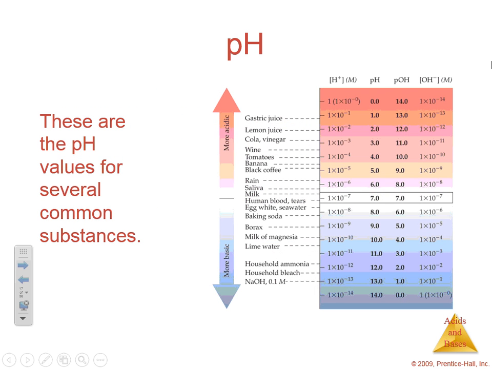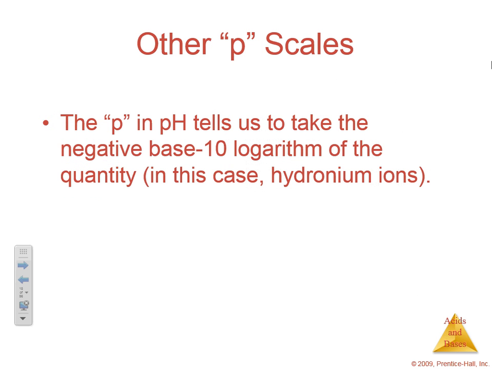Here's a general pH scale for a wide variety of things, going from 0 to 14. The p tells us that we are going to have a negative logarithm. So the p is really giving us the negative logarithm of our H3O+, or our H concentration. If you have p in another scale, you solve for the negative log of whatever is after the p.